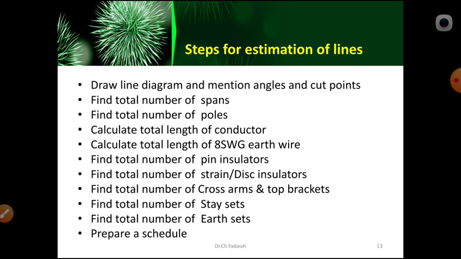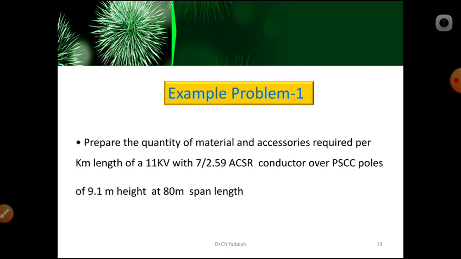Now let us see one simple problem. Prepare the quantity of material and accessories required per kilometer length of an 11 kV line with 7 by 2.59 ACSR conductor.